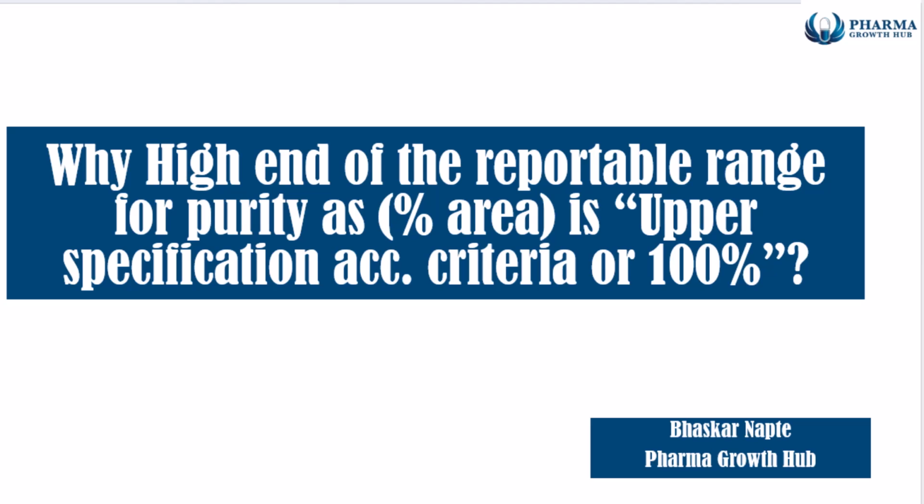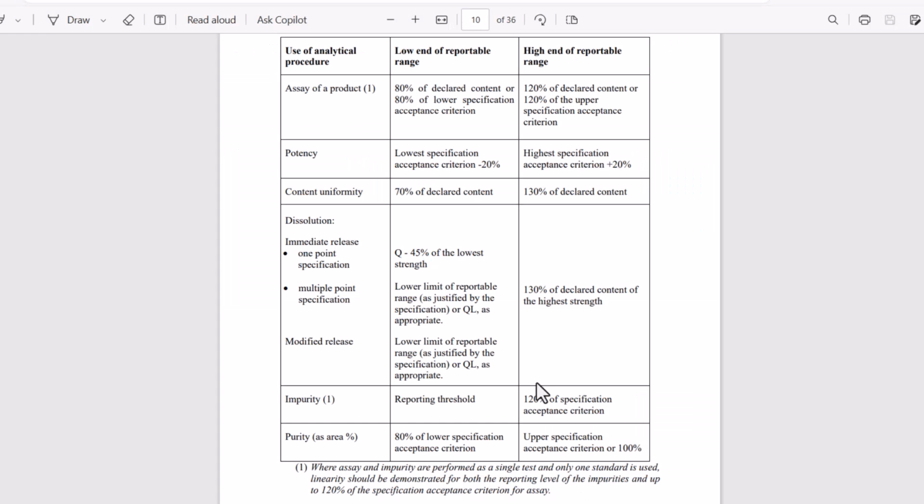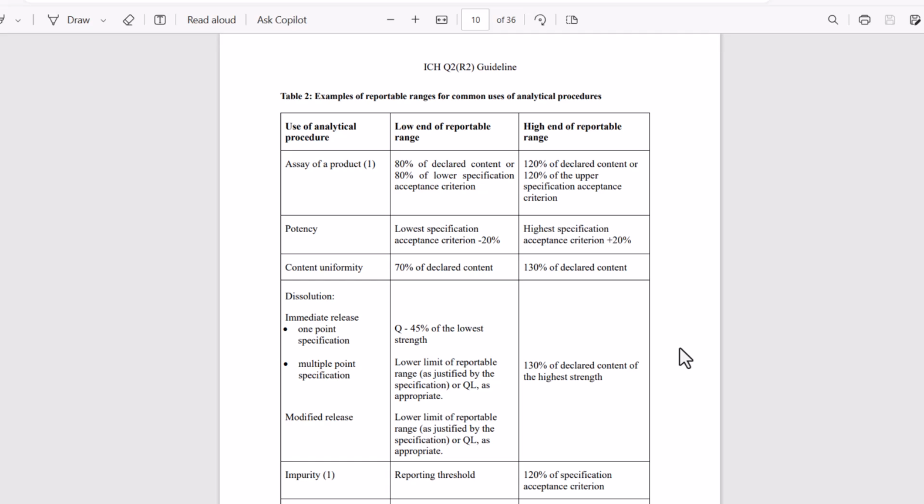Now, my point of discussion is the acceptance criteria according to the ICH guideline Q2R2, that is for validation of analytical procedures. This is the exact table where the reportable ranges are given. In case of assay, 80% to 120%.